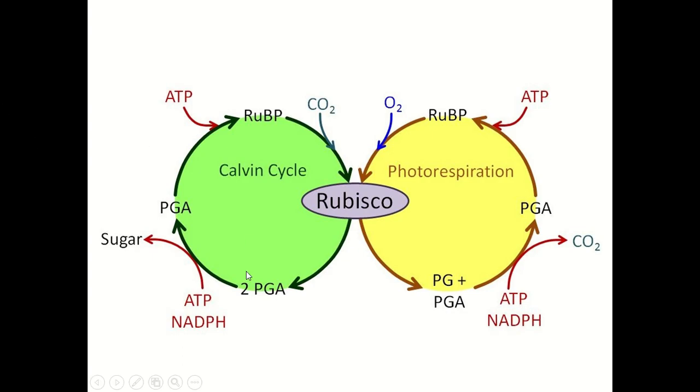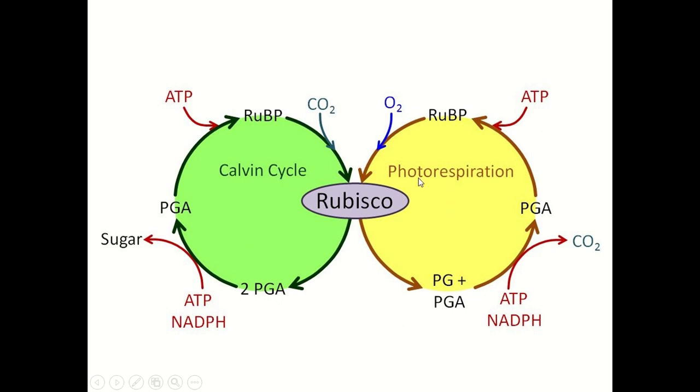So this is the Calvin cycle. Carbon dioxide will attach to the enzyme Rubisco and produce two molecules of glyceraldehyde 3-phosphate or phosphoglycerate, and they will produce a sugar.